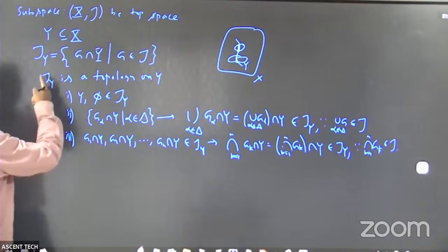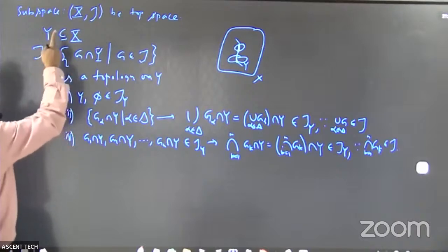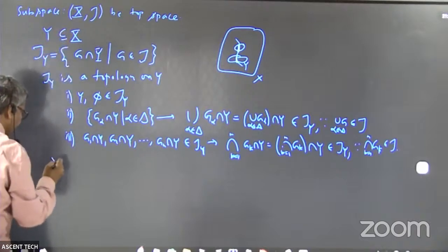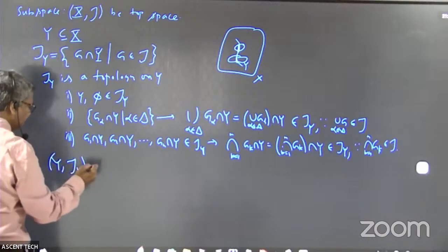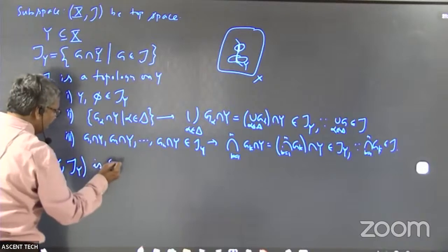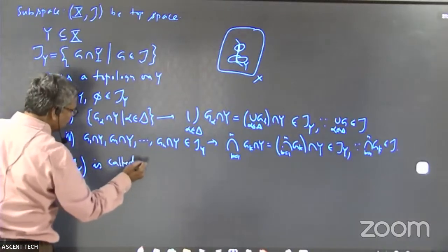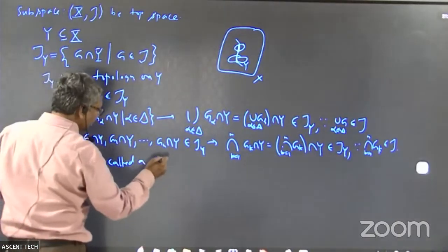Y is called the topological subspace of the space X. Y together with Ty, which is a topological space, is called a subspace of X.